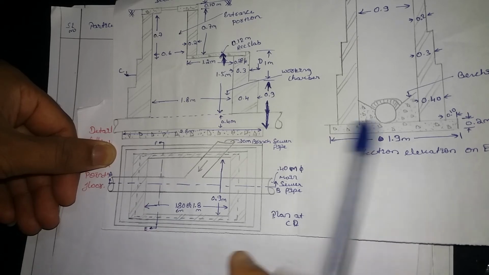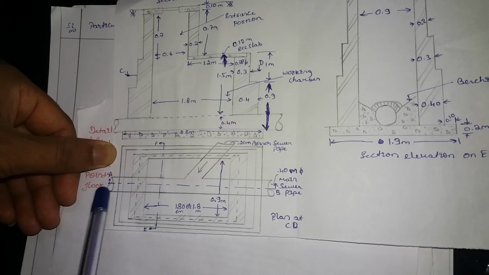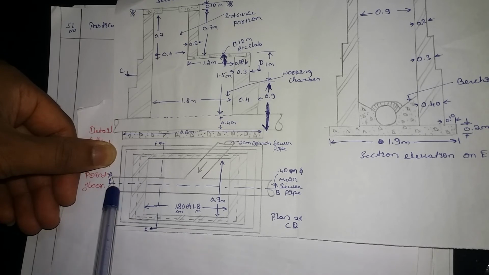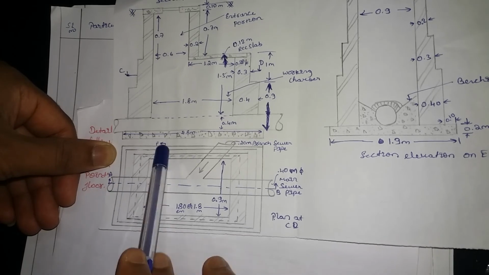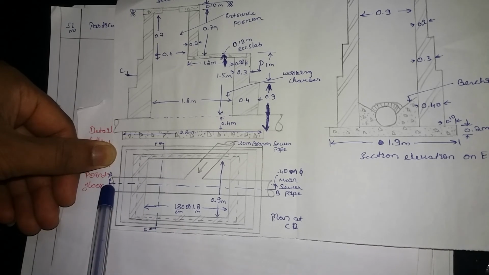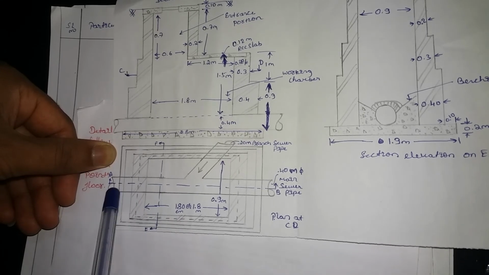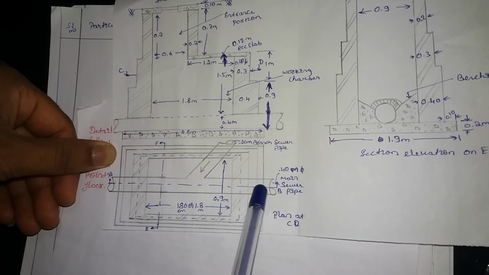Now, for better understanding, we will cut this manhole in two sections, one along the length and one along the breadth. First, in the main sewer pipe direction, we have cut the section, and the section name is AB. You can see where we have cut the section.